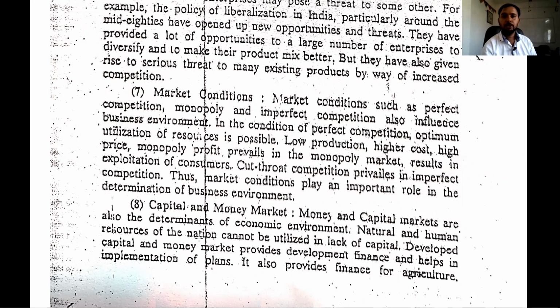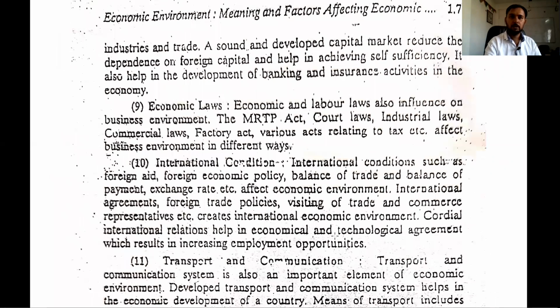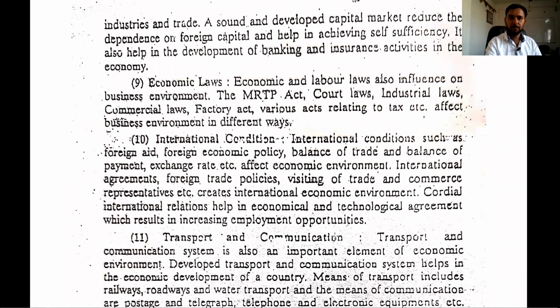So you also need to rely on the capital and money market. Money and capital markets are also determinants of the economic environment. Natural and human resources of the nation cannot be utilized in the lack of capital. So if you do not have capital, how can you run your business? If you have some resources but not the capital, you need capital first to do any business. So this is also an affecting factor to the business.